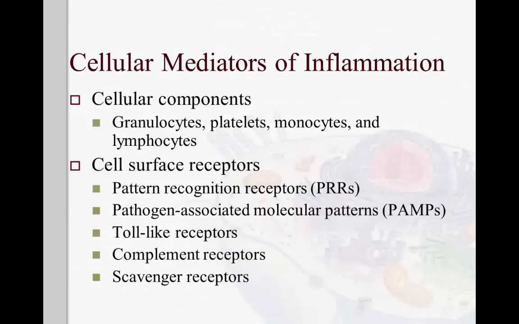There are complement receptors on granulocytes, monocytes, lymphocytes that basically get fragmented and activate the complement cascade. And there are also scavenger receptors that facilitate recognition and phagocytosis as well.